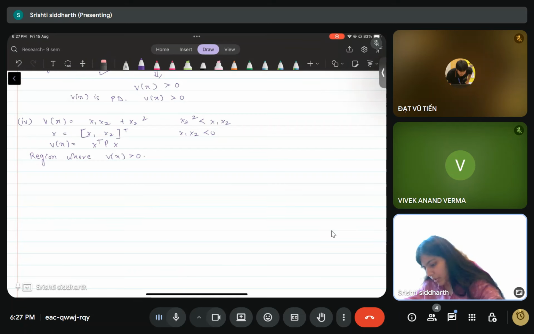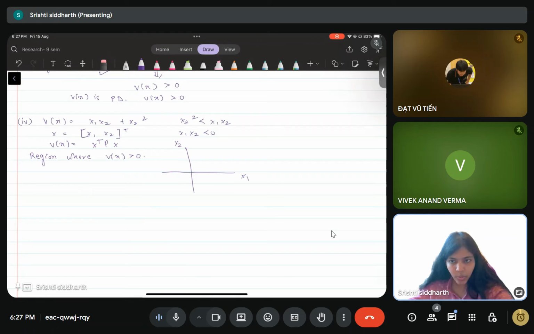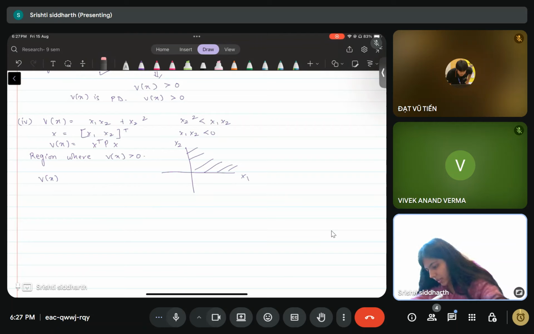Okay, so that could happen in many ways. This is the x1, x2 plane. x2 squared is always going to be positive. So x1 x2 is going to be positive in this spot, right? So we can impose a condition that V(x) is greater than 0 for x1 greater than 0, x2 greater than 0.